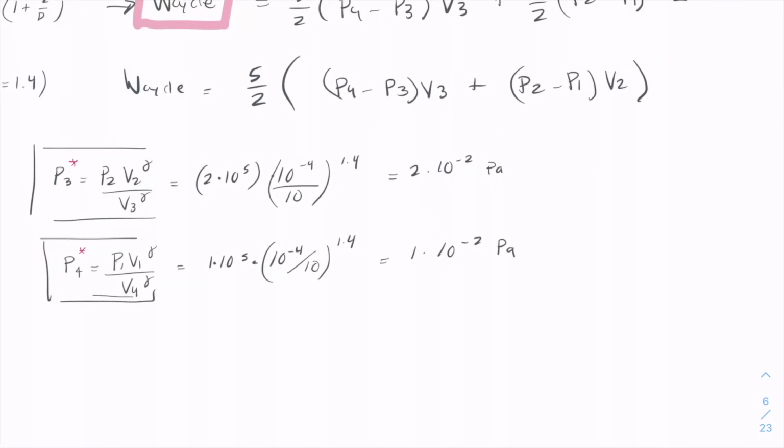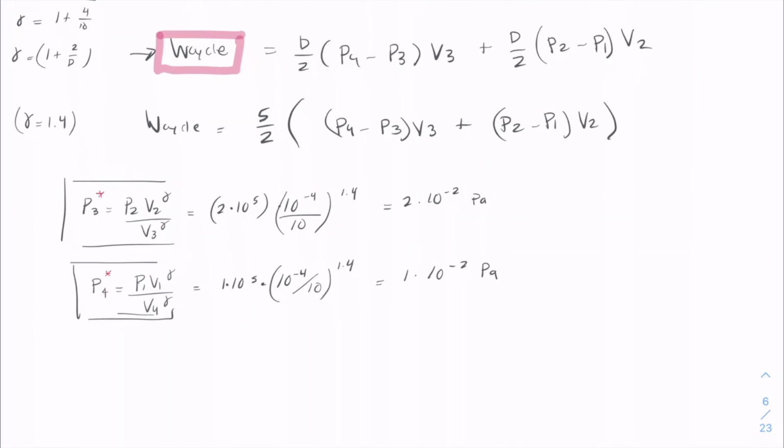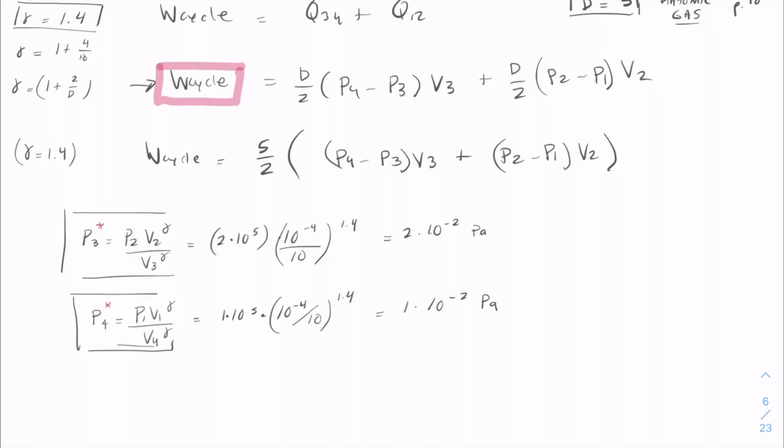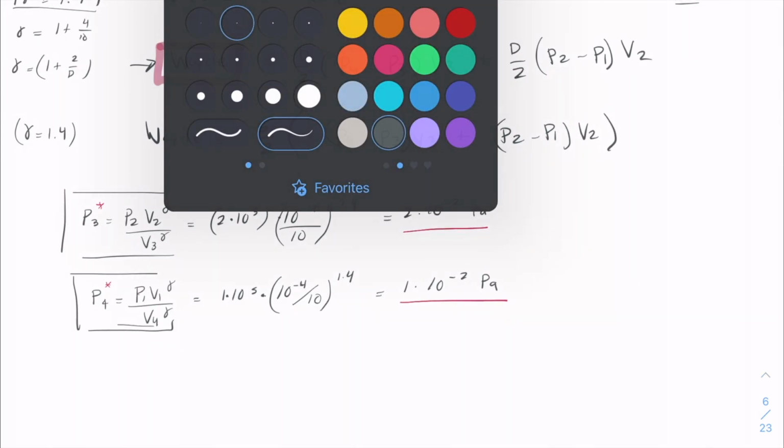And then we're going to be able to plug that into the rest of the equation for the W cycle part. So we have all of our values: P3 is equal to this, P4 is equal to this. We know what our value is for P2 and P1, and then we know what V3 and V2 are equal to. If we plug everything in, I'll leave the rest of the math up to you.